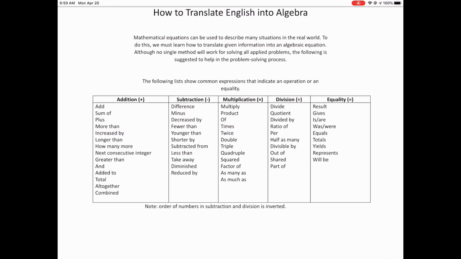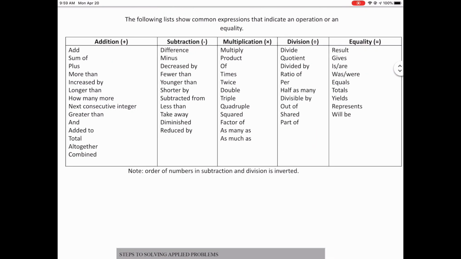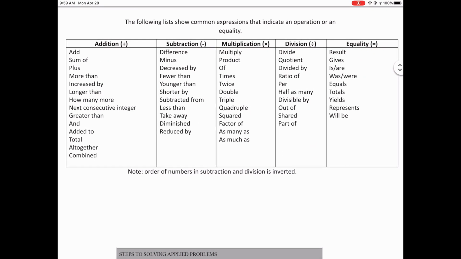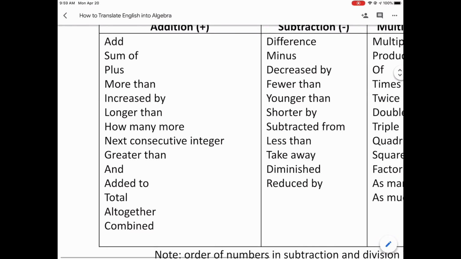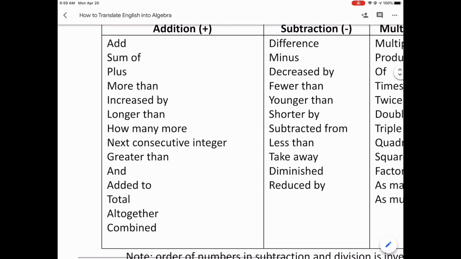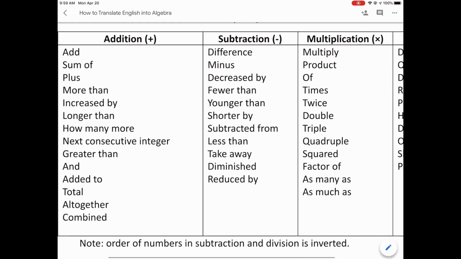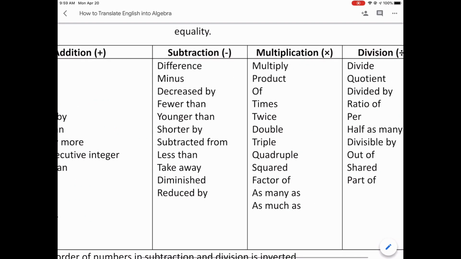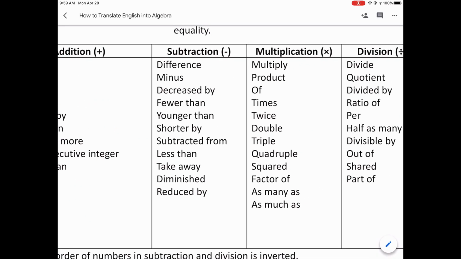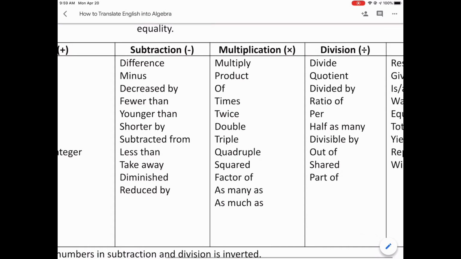It has common words that mean different mathematical operations. Some words that go with addition are: the sum of, plus, more than, increased by, total, altogether. Some words that go with subtraction: younger than, take away, diminished, reduced by, decreased by, or difference.